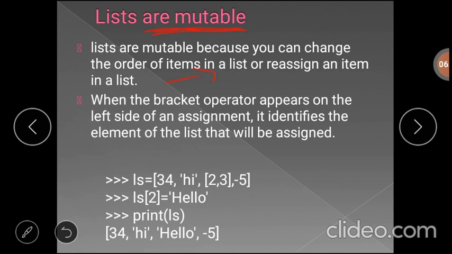Now to modify the content of a list, we can write the square bracket on the left side. That is one method. The bracket operator that appears on the left side of an assignment identifies the element of the list that will be assigned. For example, in this example we have 4 elements: 34, high, then the nested list 2, 3, then again 5.